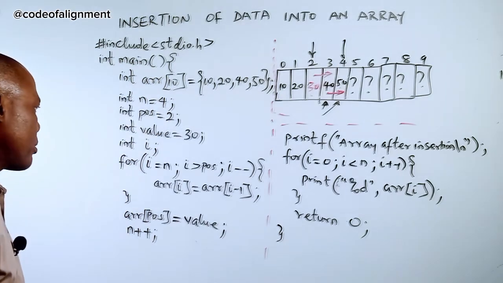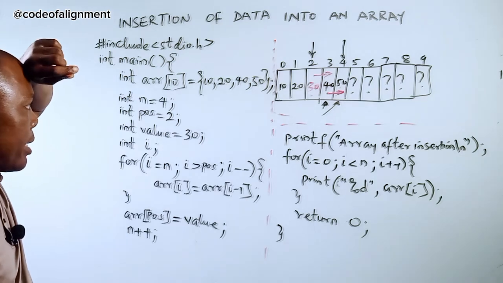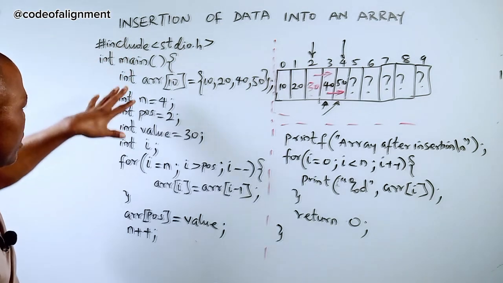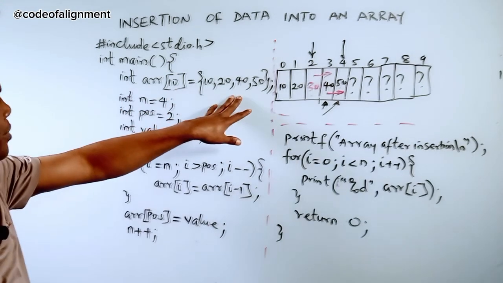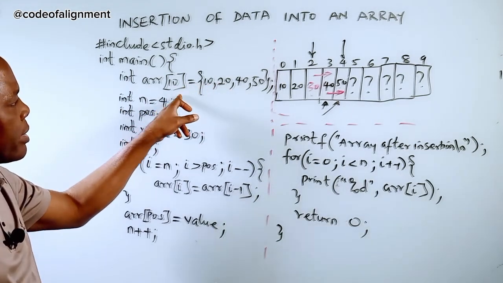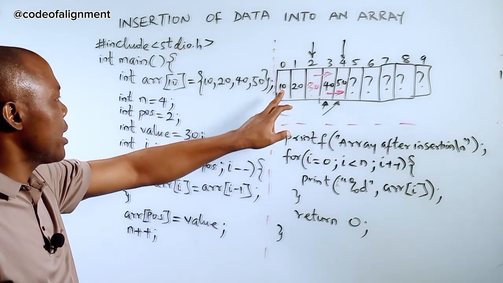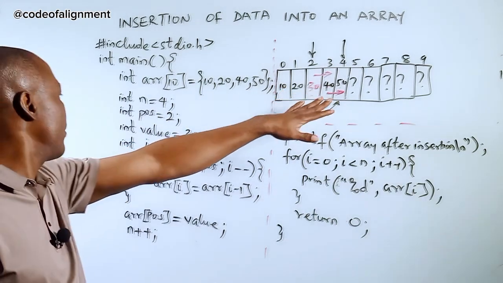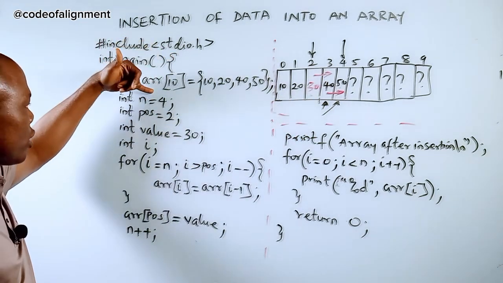So that is it. So this is my program on how to insert an element into an array. So I have explained them to you. So I declare an array of size 10, then I'm giving only 4 values, which were initially 10, 20, 40, 50. Then I'm telling the computer that the number of elements I'm supplying is just 4.